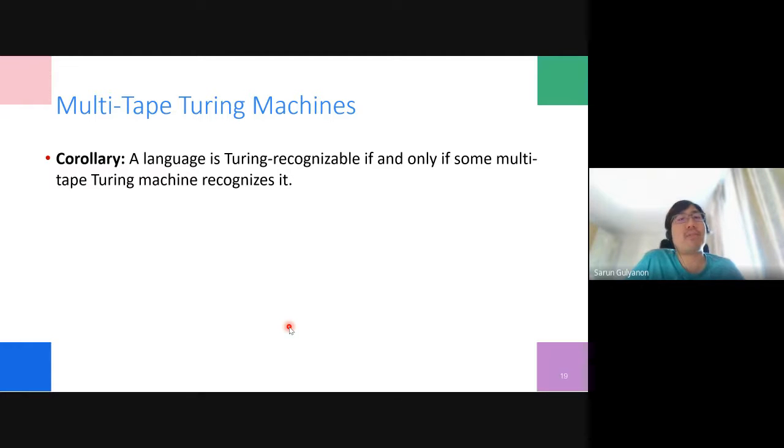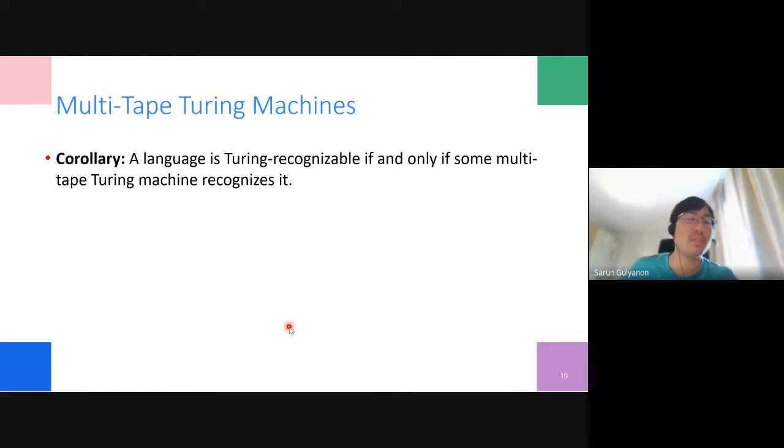It means that if there is a multi-tape Turing machine that decides some language, then there is also some standard Turing machine that decides it. The same goes for functions: if a multi-tape Turing machine computes some function, then you can build an equivalent Turing machine that computes the same function.